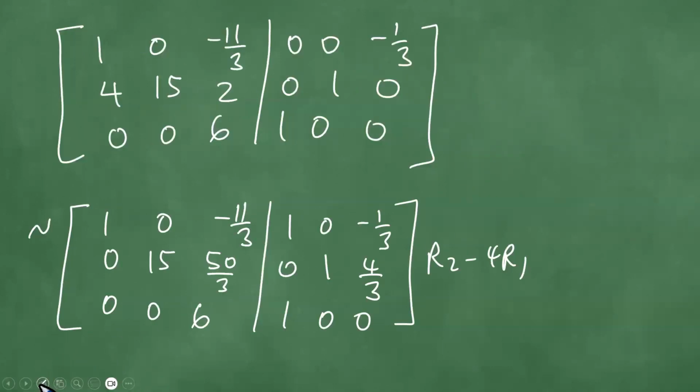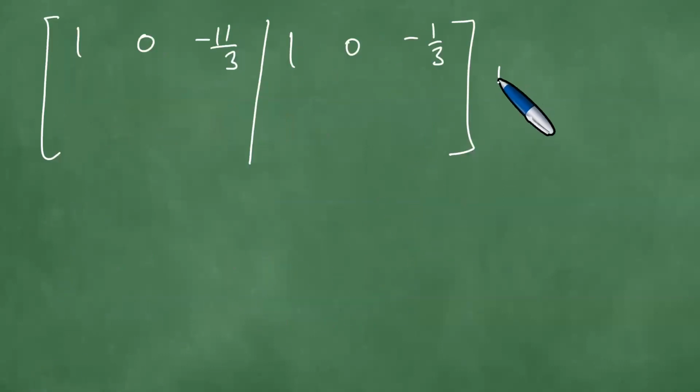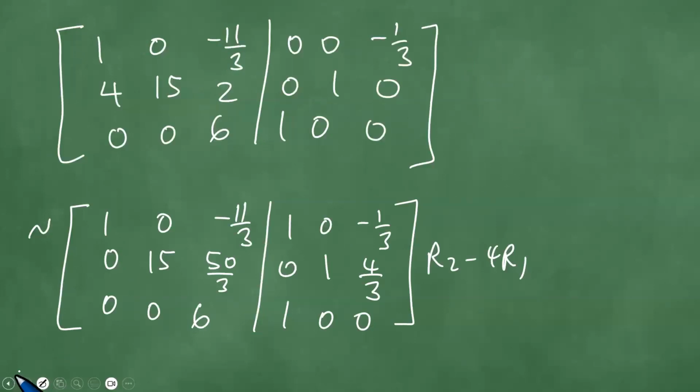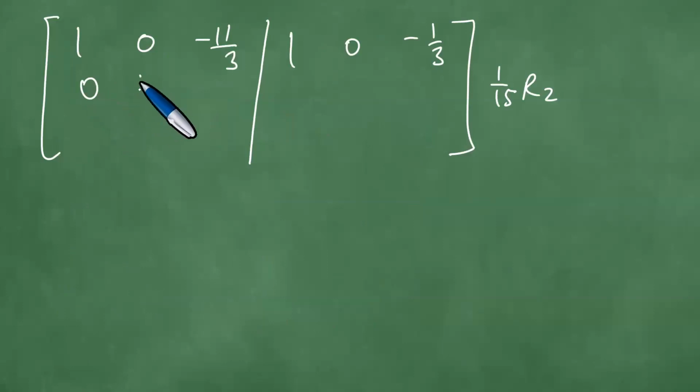Okay, then you have 1 over 15. Which is 0, 1.